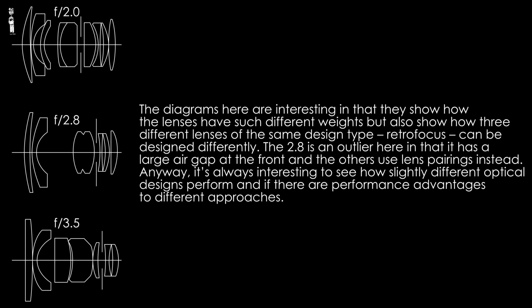The 2.8 is an outlier here in that it has a large air gap at the front, and the others use lens pairings instead. Anyway, it's always interesting to see how slightly different optical designs perform, and if there are performance advantages to different approaches.